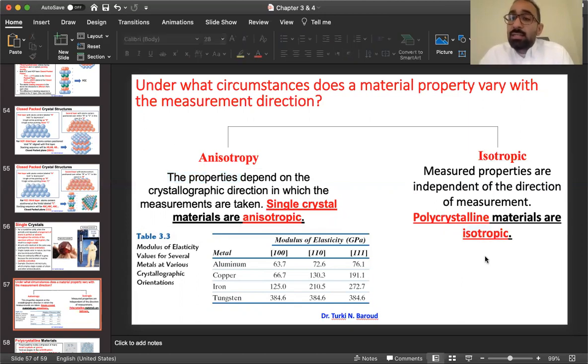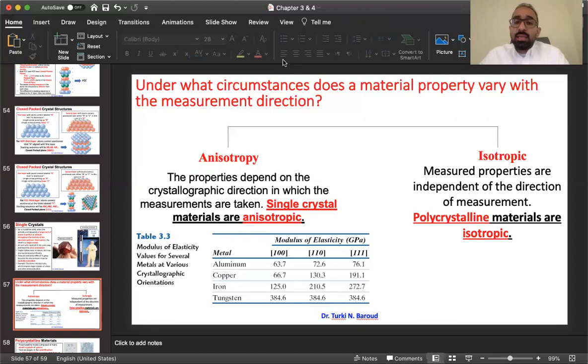So the difference between anisotropic and isotropic is the dependence of the properties on direction. Anisotropic material means it depends on the direction. Isotropic material does not depend on the direction.